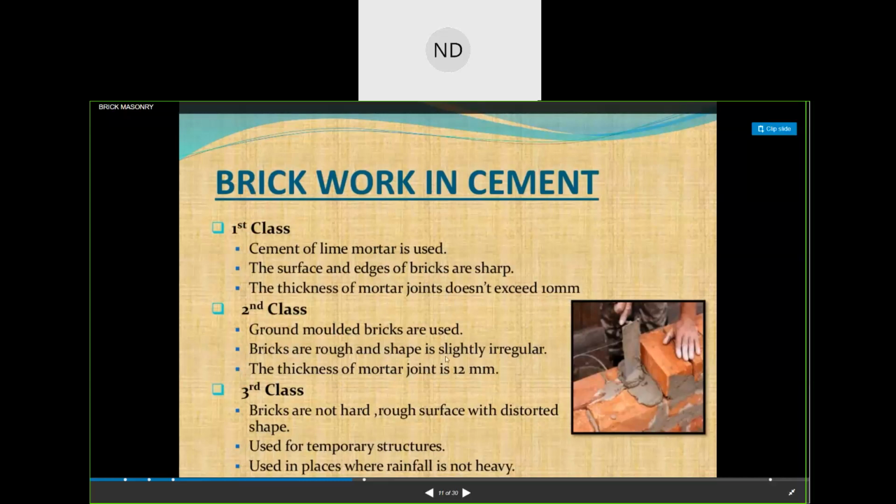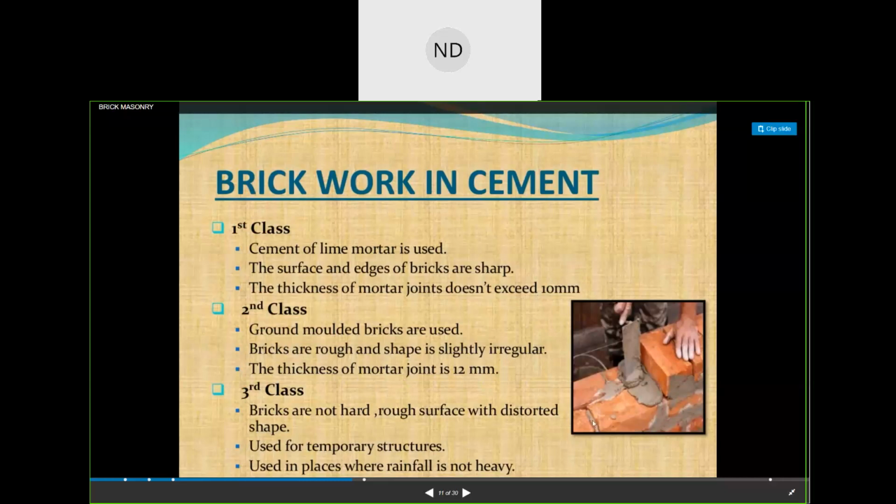In the second class, the shape is a little bit irregular. In the third class, it is very hard, with a rough surface and distorted shapes. Your bricks are also very weak in the third class, and the mortar joint is 12 mm. You see, the thickness of the mortar joint is 12 mm, but in the first class it does not exceed 10 mm, as I told you in the previous slide also.